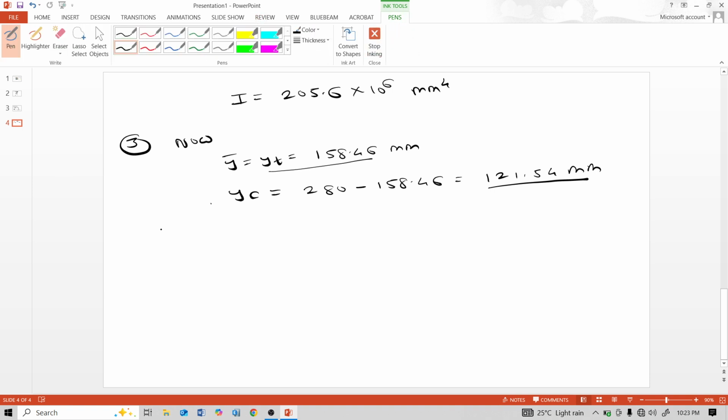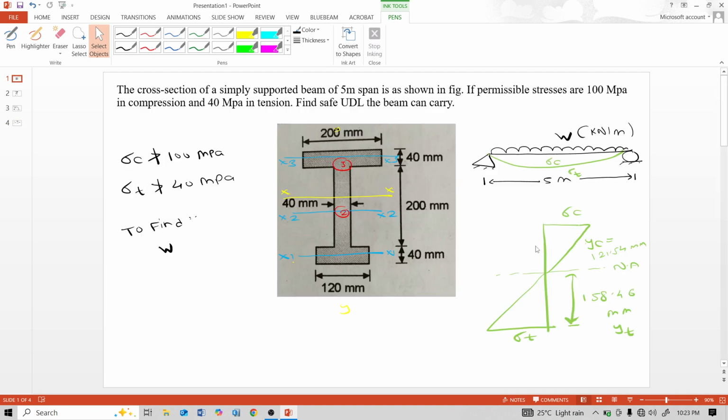So, in step 4, check for shape stresses. To check for shape stresses, use the similar triangle equation for this stress distribution diagram.